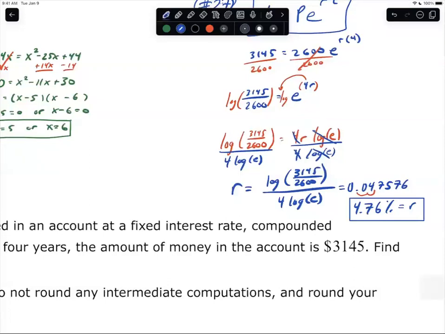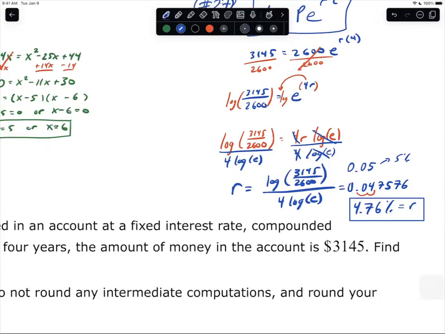Well, if you round before you move it, then, yes, because if you round it to the nearest hundredth, it was the 0.05, right? And then that would be 5%, right?